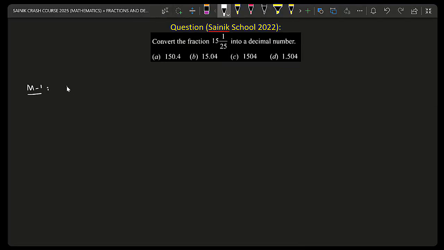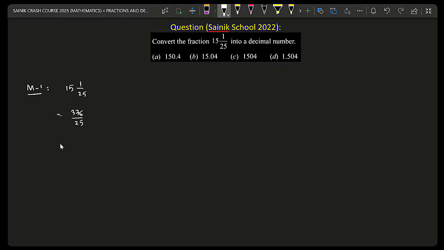Some people will do it like this: 15 1 by 25. They don't see any easy process. They keep on doing the same thing. First they convert mixed into improper. That is, we do 15 into 25, so 250 and 125. You get 375 plus 1 is 376 divided by 25. So we converted into improper.